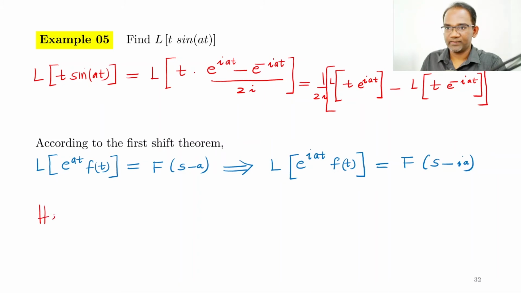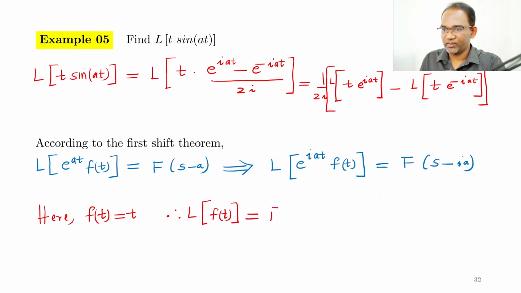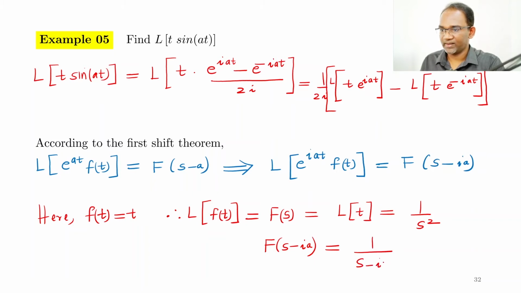And in this case, f(t) is t, therefore the Laplace transform of f(t) is equal to F(s), and this is equal to the Laplace transform of t, and that is equal to 1 over s square. And F(s minus ia) is equal to 1 over (s minus ia) the whole square.